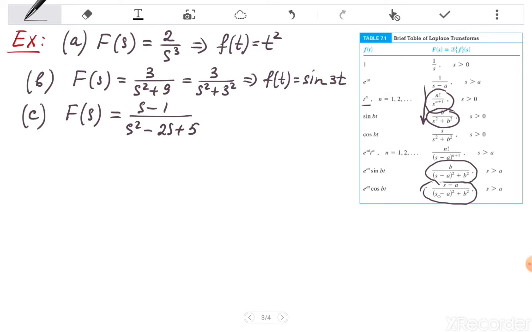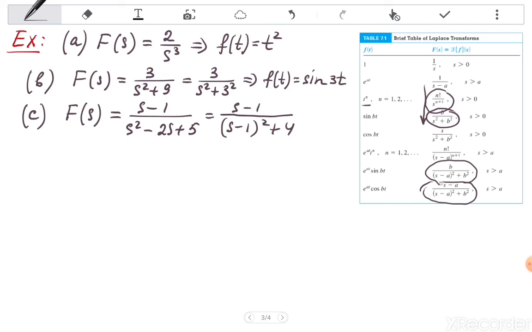Here we have s minus a squared, so it means that sometimes we need to complete the square of the denominator. Let's do this. s squared minus 2s is s minus 1 squared, and in this 5 we have just 4 left.